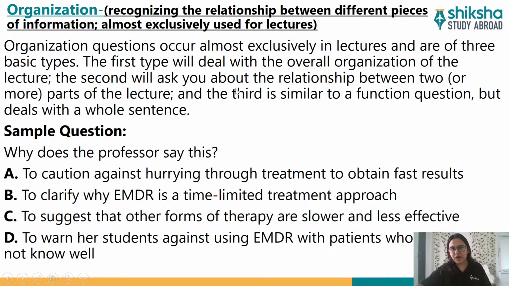The second will ask you about the relationship between two or more parts of the lecture. And the third is similar to a function question, but deals with a whole sentence. We will also talk about the function question in the upcoming slides, but just for you to know, it's quite similar to the function question, which will come right after this question.